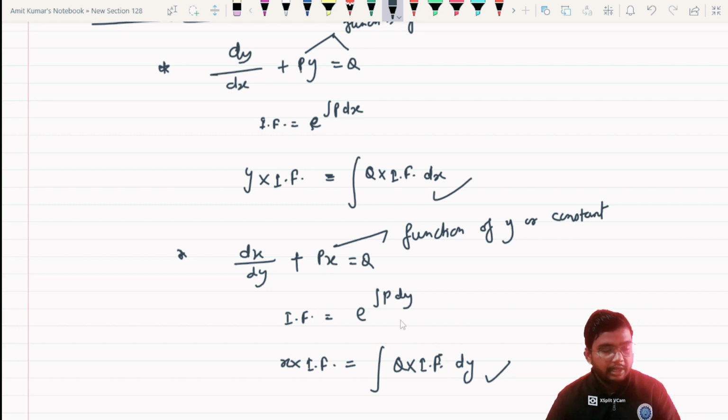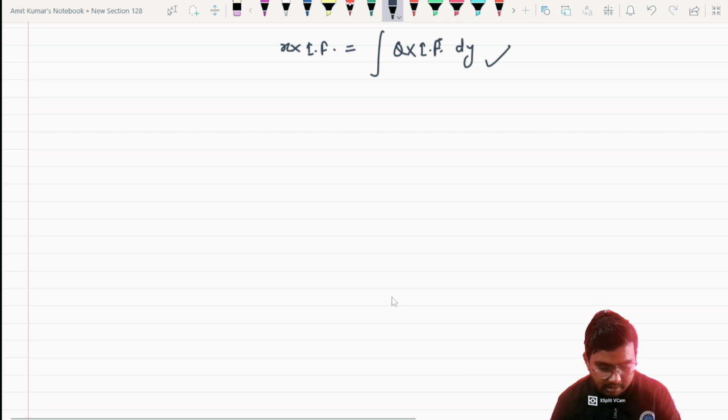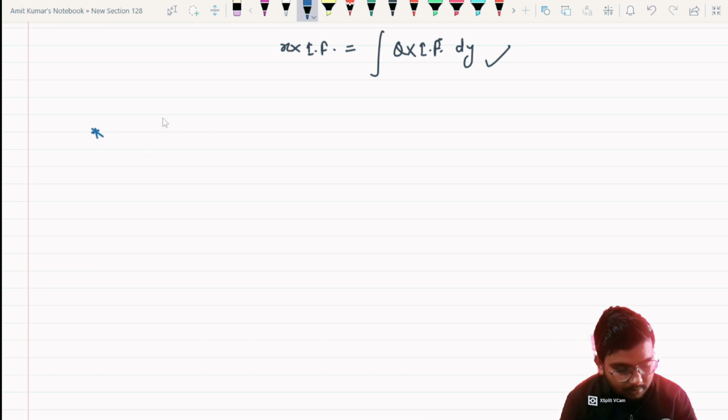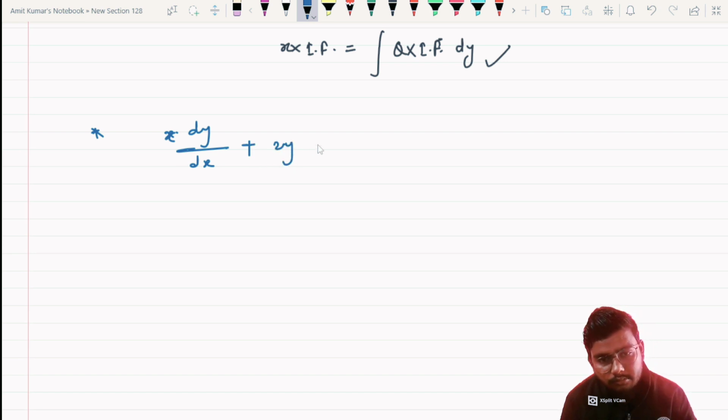Now we can have one problem. We have been given one problem here: x dy by dx plus 2y equal to x square.